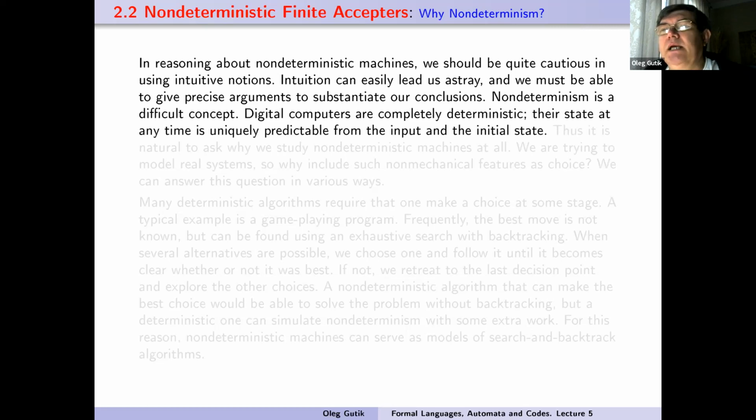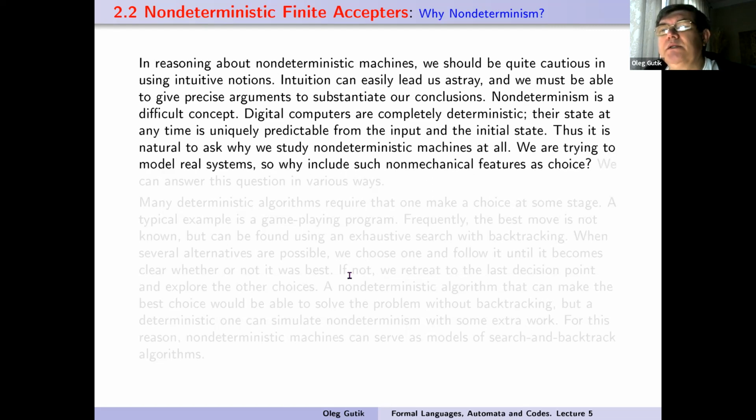Their state at any time is uniquely predictable from the input and the initial state. Thus, it is natural to ask why study non-deterministic machines at all. If we are trying to model a real system, why include such a non-deterministic feature as choice?